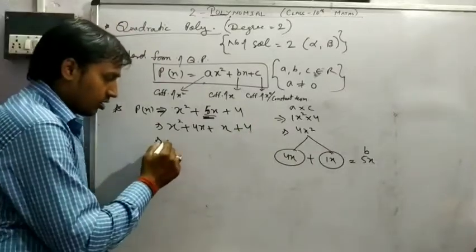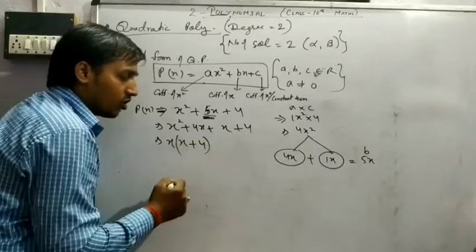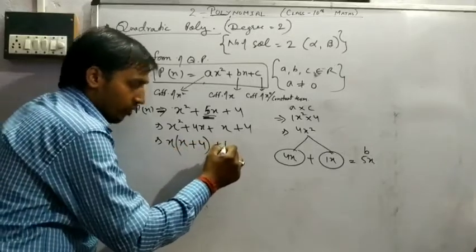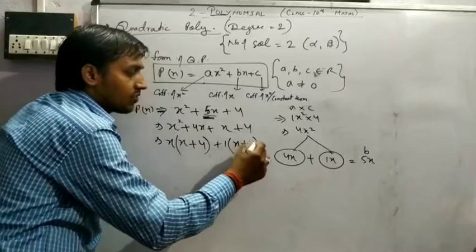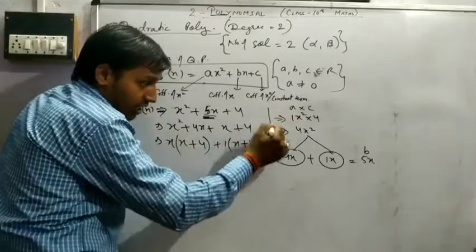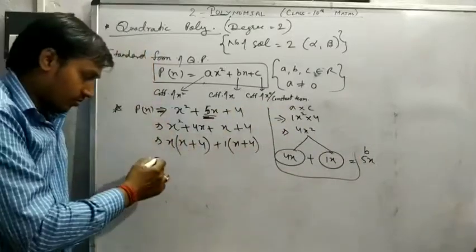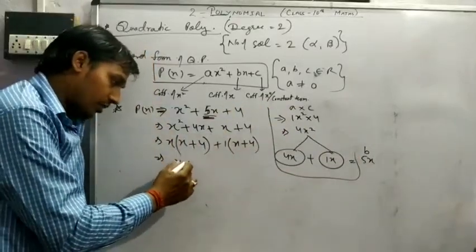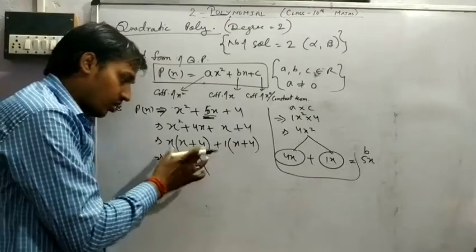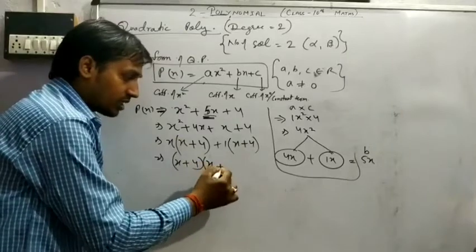Then x is common between them, so x plus 4, and here 1 is common, x plus 4. If you solve correctly, you always get both brackets the same. Then the bracket x plus 4 is common between the first term and second term. In the first term x remains, in the second term 1 remains.